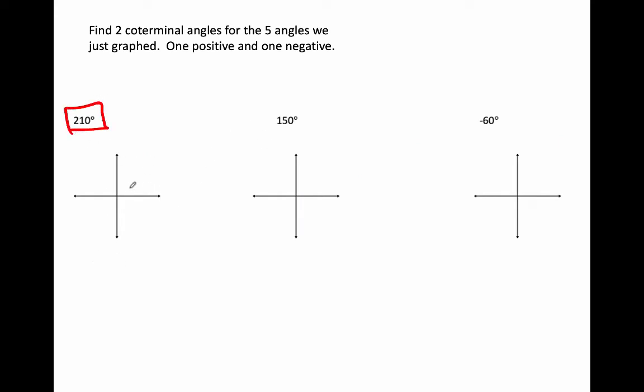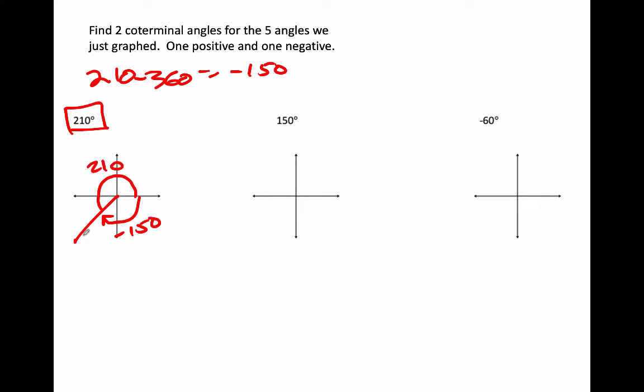My 210 is here, but I could have gone 210 minus 360, which would be negative 150. So negative 150 is the same as positive 210. I stop in the same spot. So I start there and I end there. There's 2 different ways to get it.